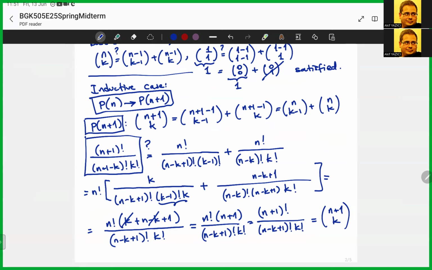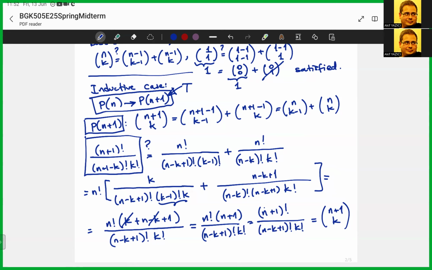Okay, there are two things you can do, as I said. One thing you can do is, you could argue P(n+1) is true no matter what P(n) is. So you have shown this is true, which means the implication, something implies true, must be always true, right?